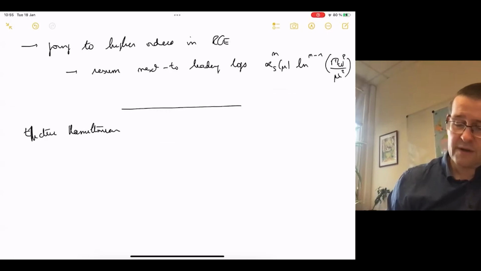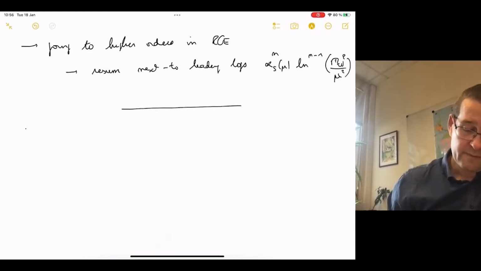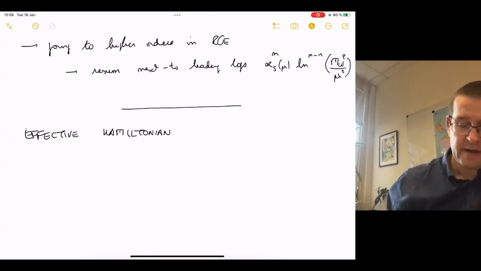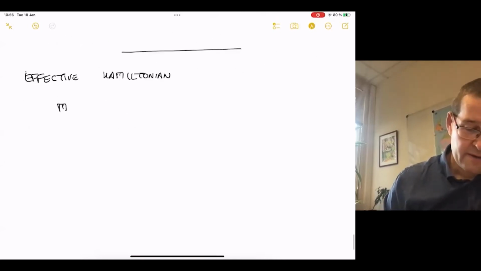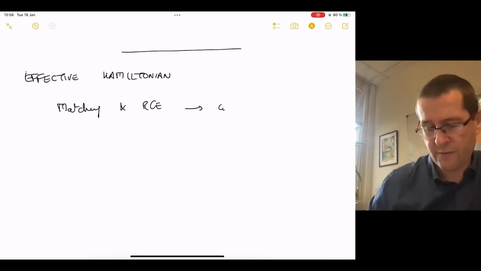for this effective Hamiltonian, so by doing this matching and RGE, we have a way of computing the short distance part.